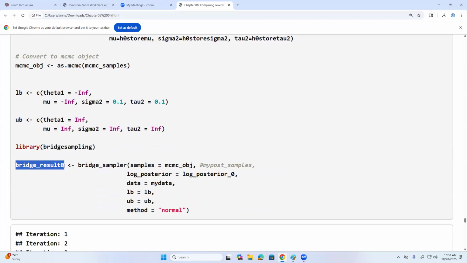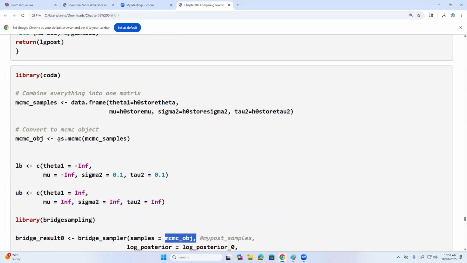This is bridge result, bridge sampler. You have to provide samples, which is the MCMC object. After you do the posterior sampling, you need to present it in a nice form, called an MCMC object, which can be created in the coda package.